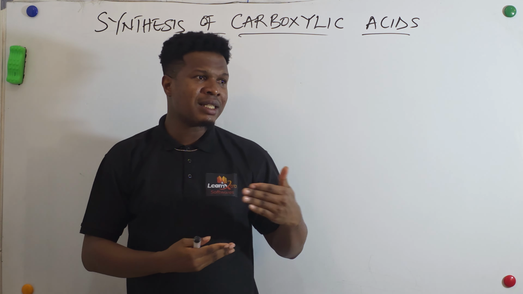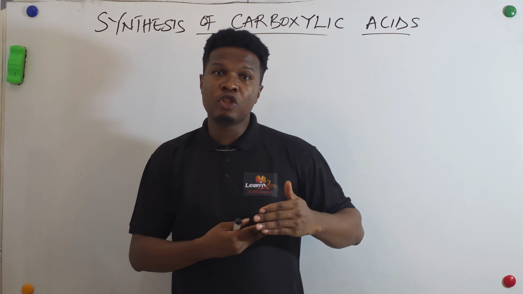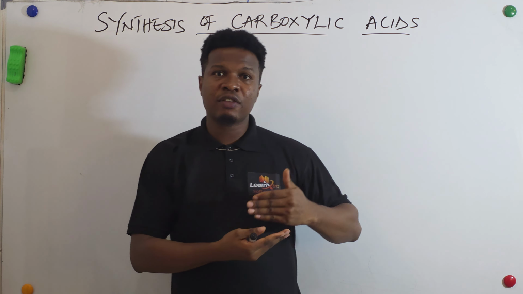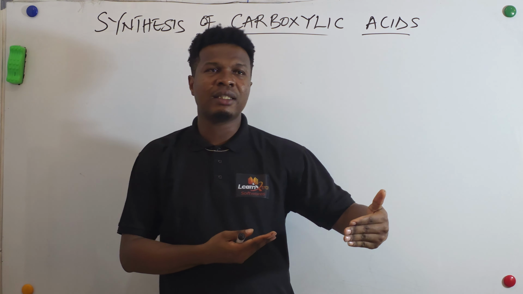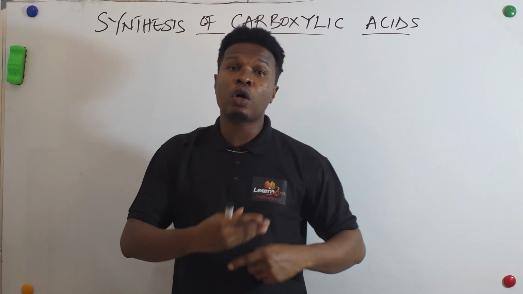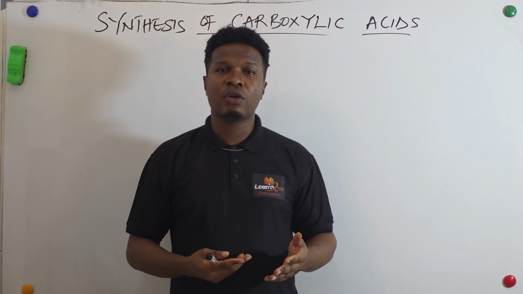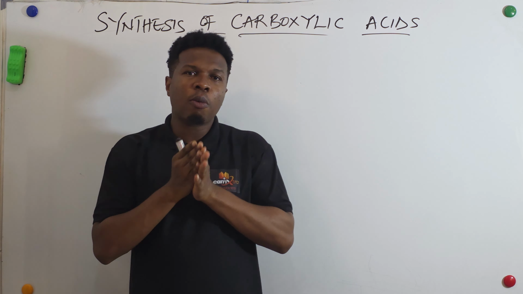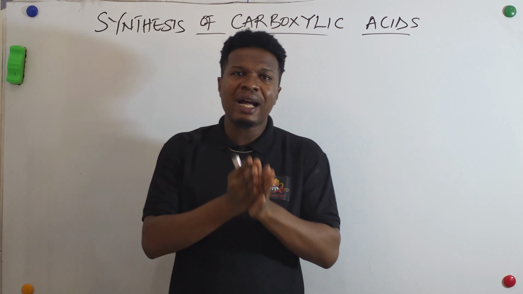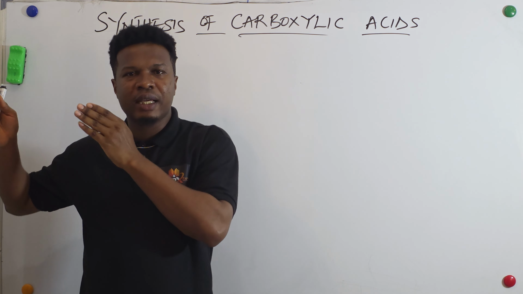For example, if you oxidize the primary alcohol to the aldehyde level using PCC, pyridinium chlorochromate, you can further oxidize that aldehyde using any strong oxidizing agent to get the carboxylic acid. So the complete oxidation of primary alcohols and aldehydes gives you a carboxylic acid.